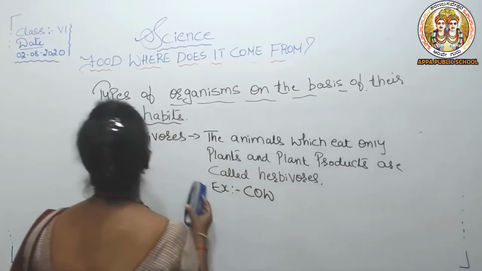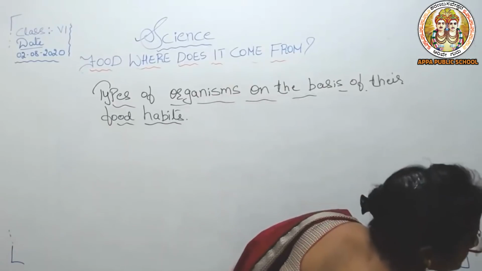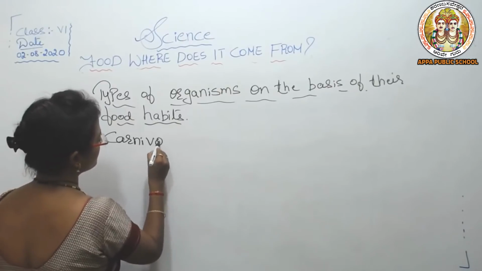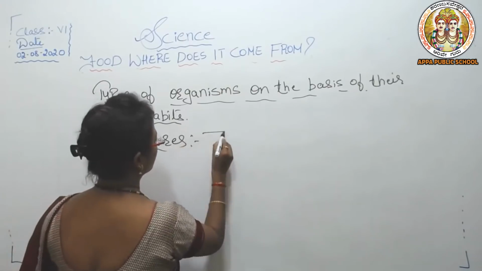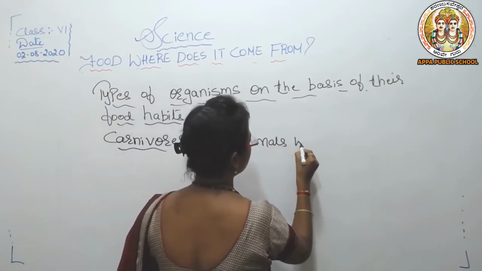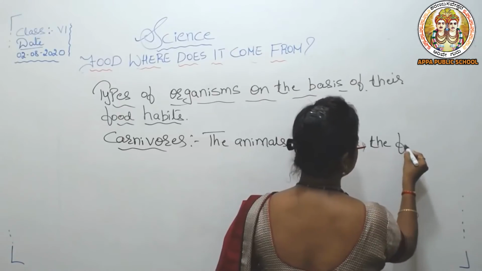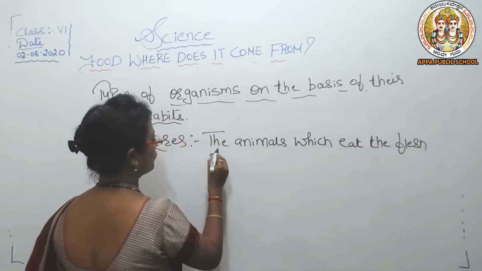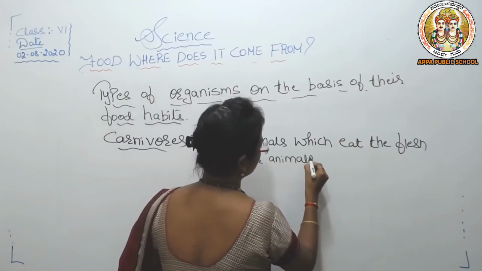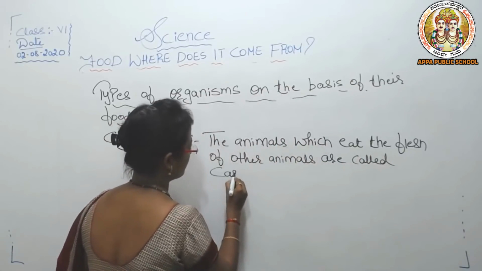So next one is carnivorous. Here, the animals which eat the flesh of other animals are called carnivorous.